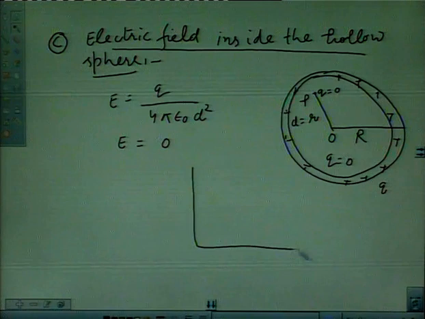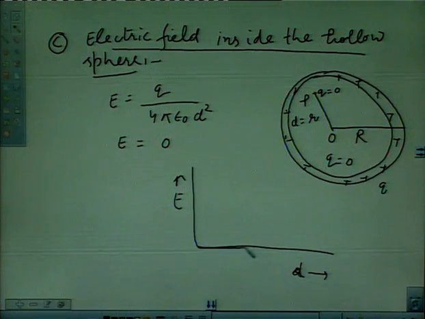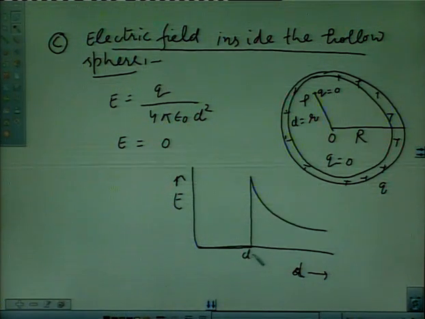If we draw a graph between the electric field E and the distance d, it will look like this. d is equal to r. Up to distance r, the electric field will be 0.